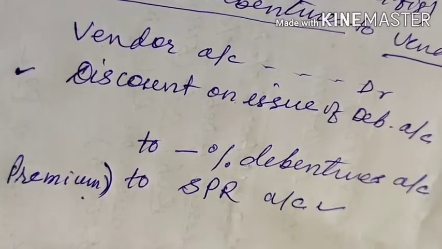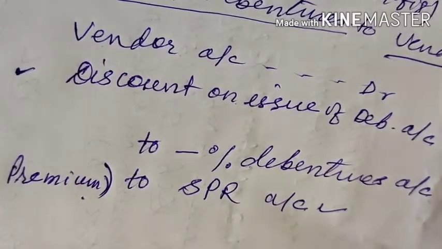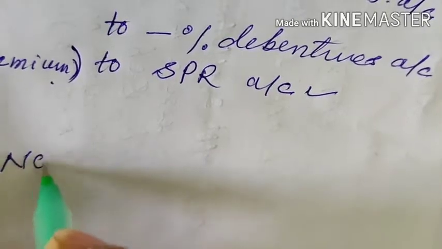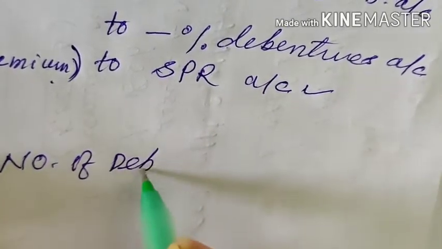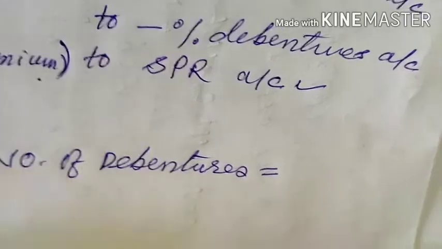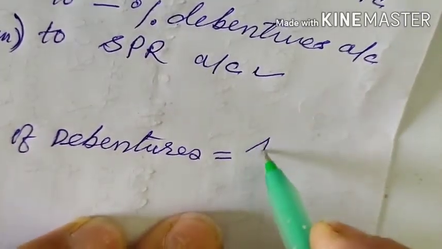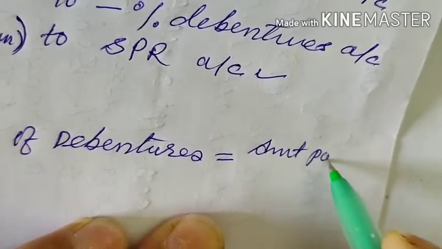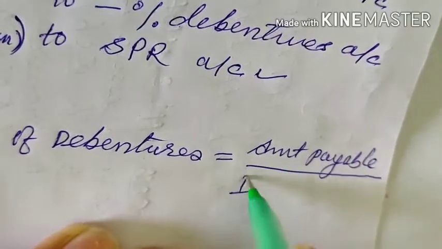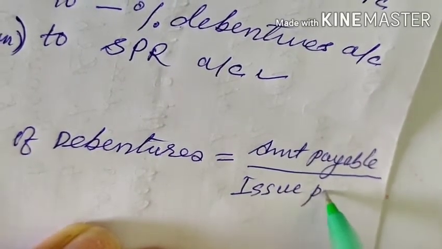Now when debentures are issued to the vendor, the promoter, or the underwriters, sometimes we need to find out the number of debentures. So the number of debentures is calculated using this formula: amount payable divided by the issue price.